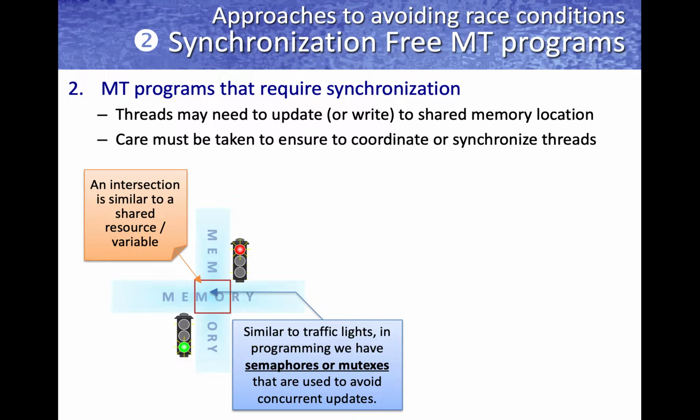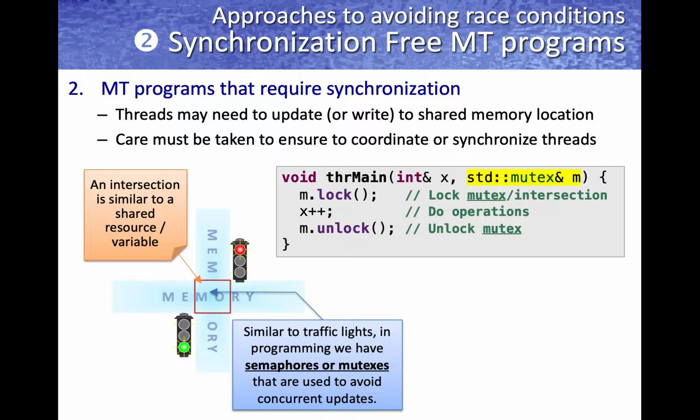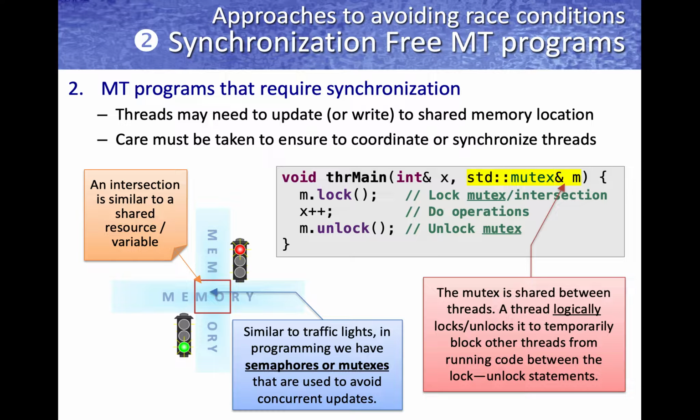In programming terminology, instead of traffic lights, we have concepts called a semaphore, and a binary semaphore is called a mutex, and these mutexes are used to avoid concurrent updates. So from a programming concept, you would have a mutex, which is like a traffic light, and before a thread does any operation, we have to lock the mutex, or lock the intersection, so that we have exclusive access to operate on that variable, and then unlock the intersection so that other threads can use the shared variable.